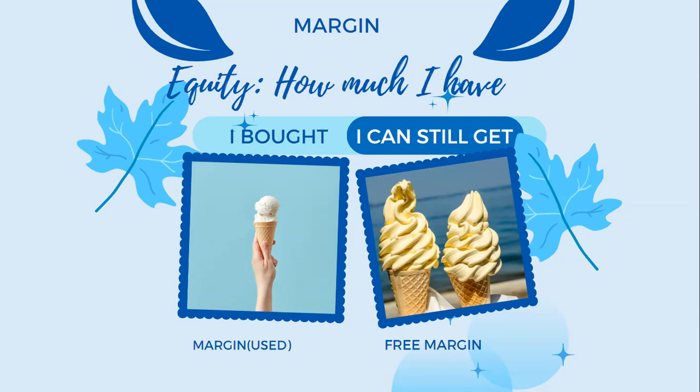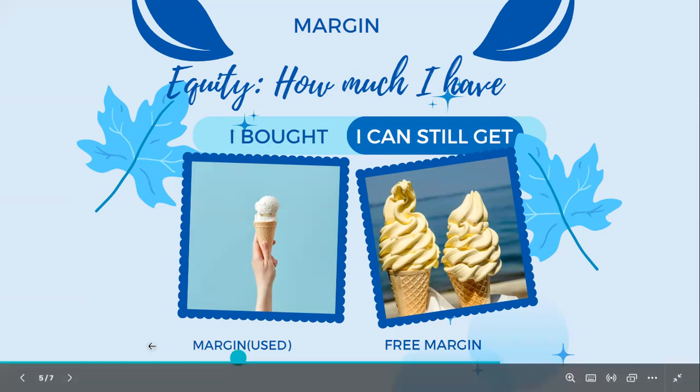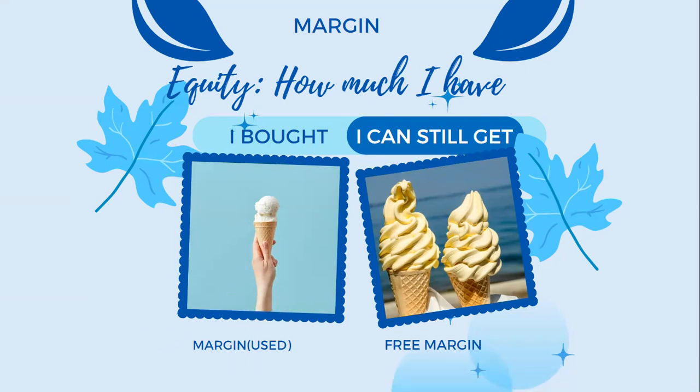It is no longer available for you, right? Unless you return that ice cream, that particular dollar is tied up, okay? So used margin represents the money that is tied up in a transaction. It is money that you can't use unless you close that particular trade, right?